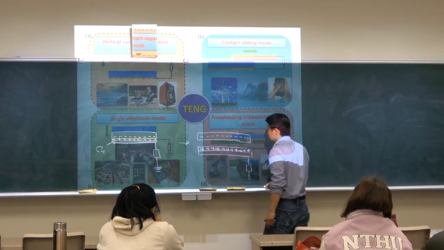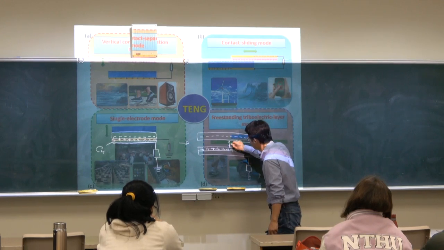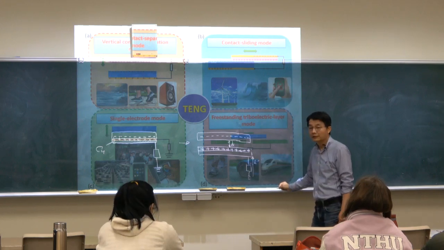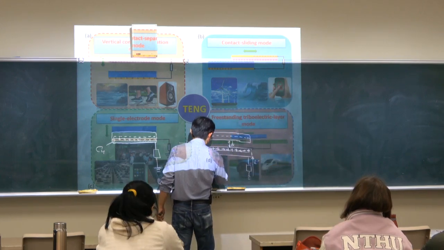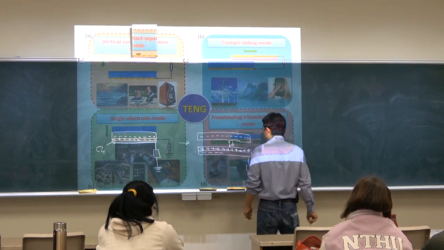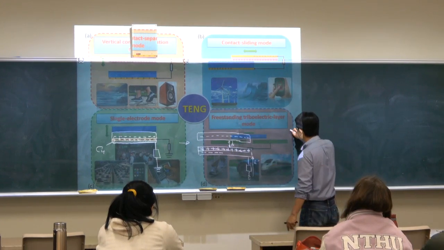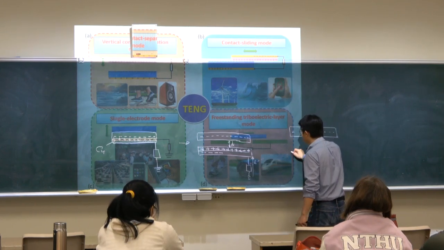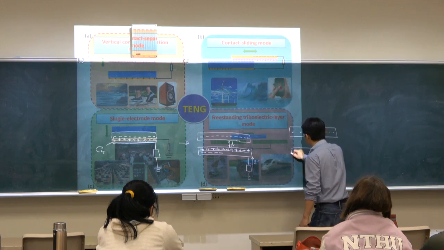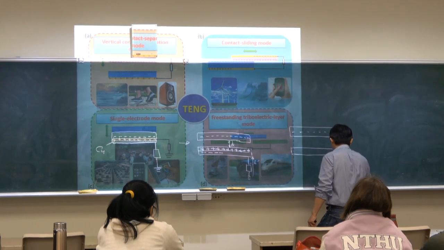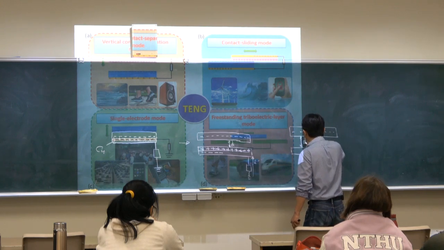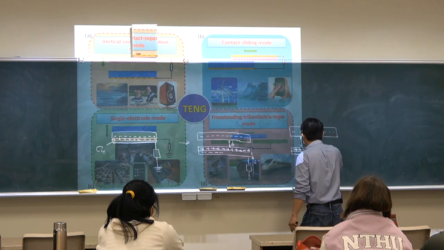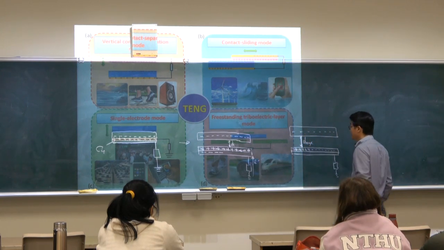once they separate, there's an electron flow in it, right? Electron flow in here. Right. And they separate at the highest D maximum, right?